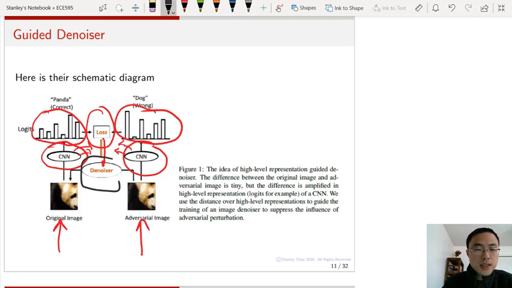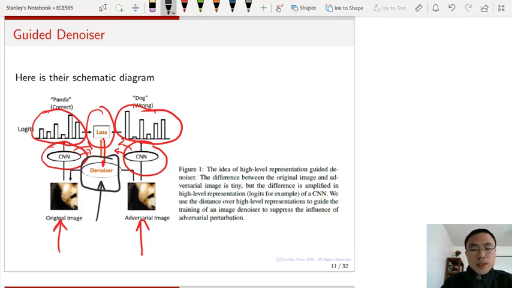So this is a denoiser. It has certain structure. It could be a UNet structure, or it could be a residual denoising structure. So they're going to feed this loss into the denoiser, and then their goal is to train this denoiser.